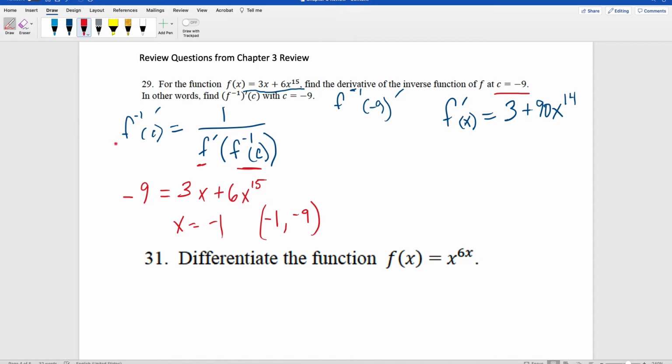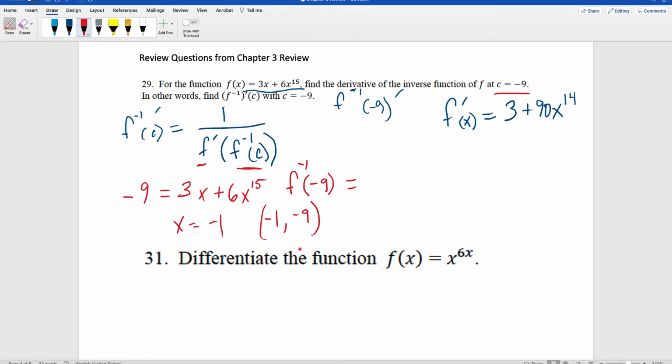So what we now know is that when we take our inverse function and plug in -9, which is the output from the original, it's going to be equal to the x value, because remember, with the inverse function you plug in a y value and you get the x value as an answer. It's all backwards.